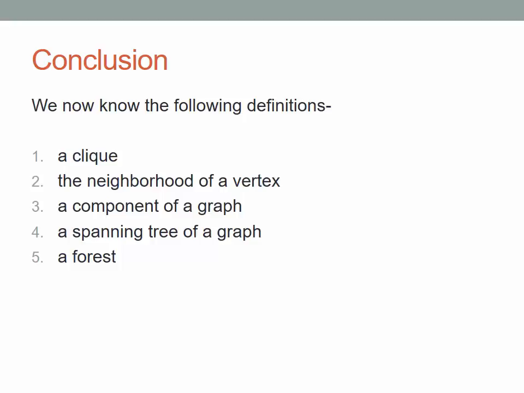A component of a graph is a maximal connected subgraph. Since it's maximal, that means if the graph is connected, it's the entire graph. A spanning tree is a subgraph whose vertex set is the entire vertex set, and it induces a graph that's a tree. And a forest is a collection of trees.